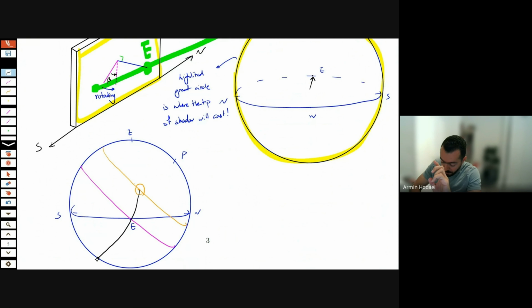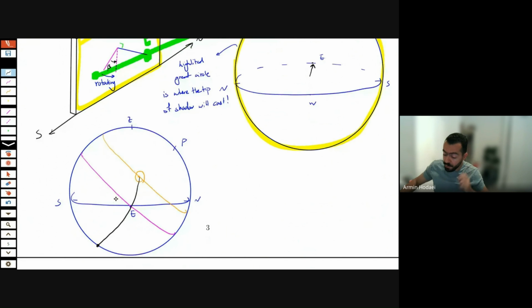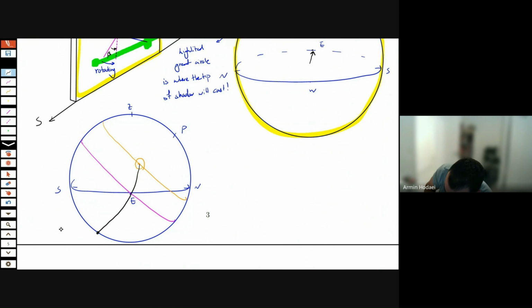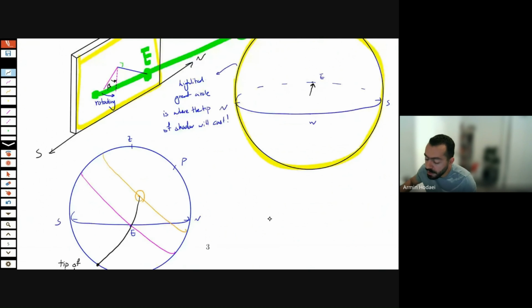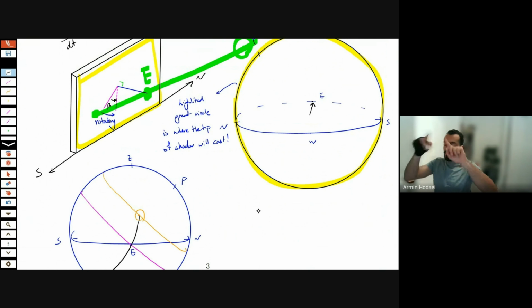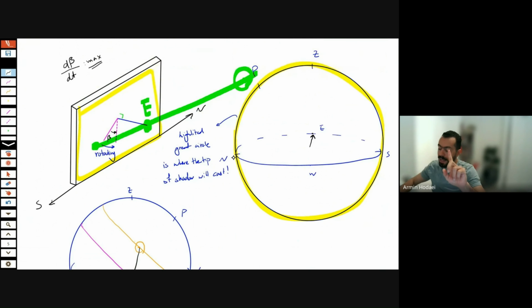So this point is where the tip of the shadow is going to point. As I already mentioned, the tip of the shadow should be exactly on that great circle, NPZS, right?